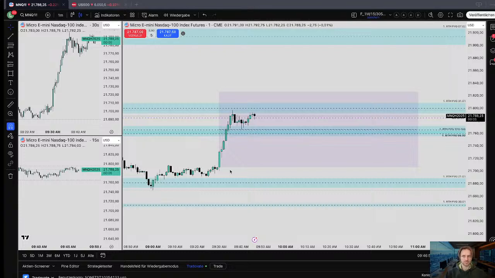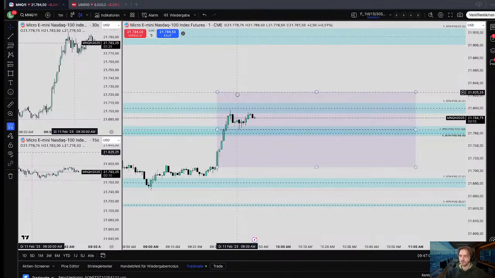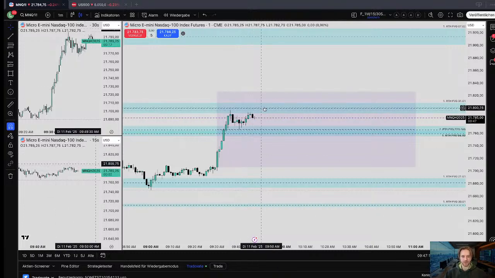In terms of range, it really could be that it will be rejected up here, or as ICT always says, maybe on the last bit, leaving a bit of the opening range open and then crashing down lower.